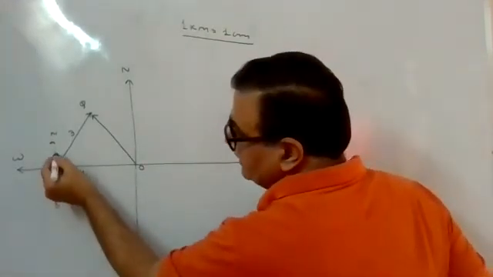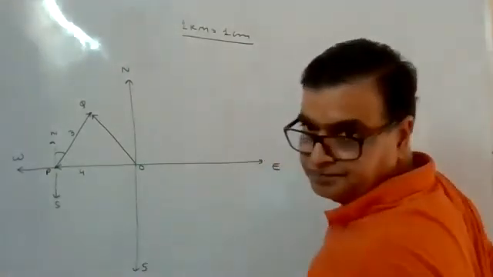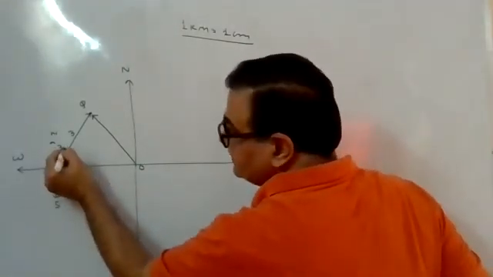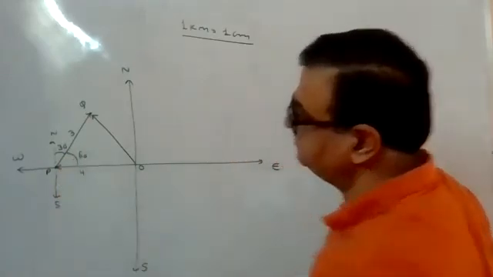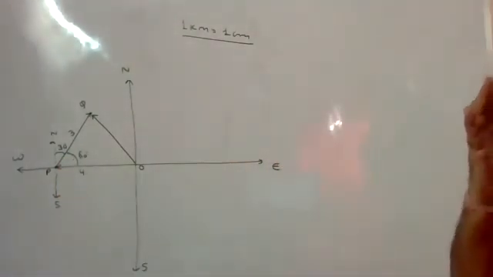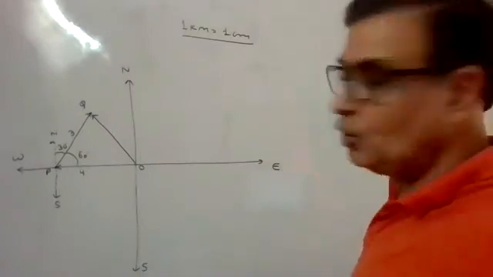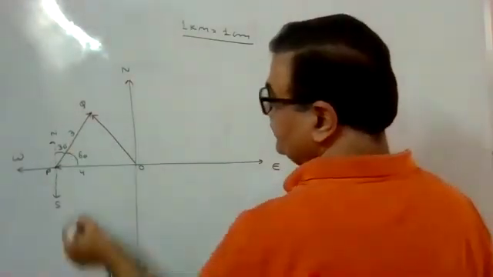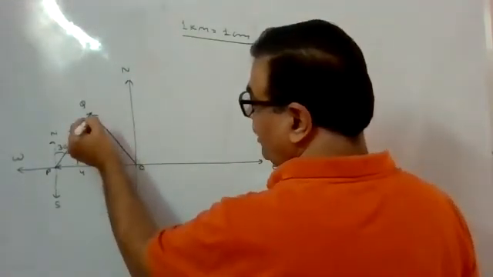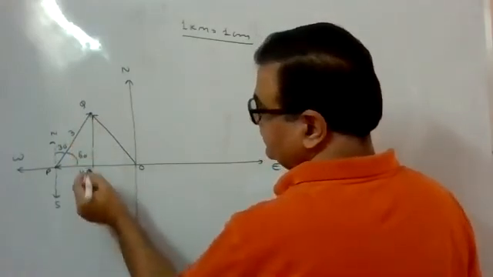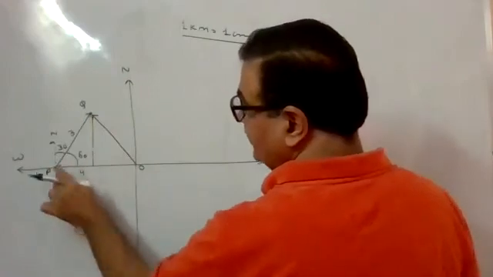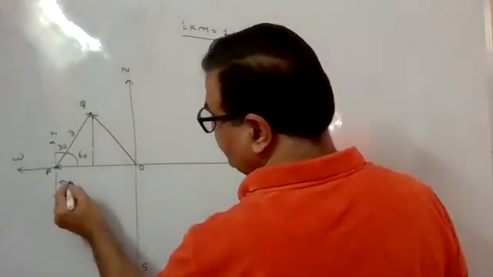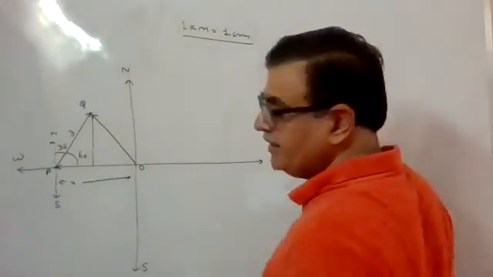And one thing is clear, this angle is 30 degree. As this angle is 30, what this come out to be? This will be 60. Okay? Now what I do here in this case, to get the point, I draw a perpendicular here. This is a triangle here, 4 will be this length. Right?